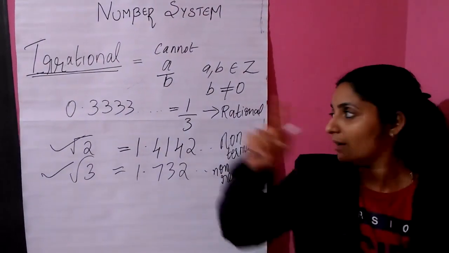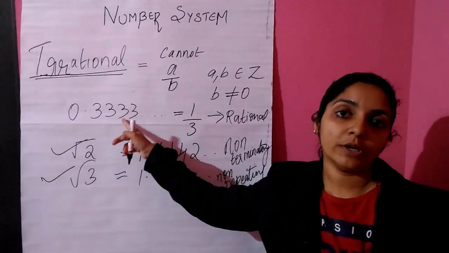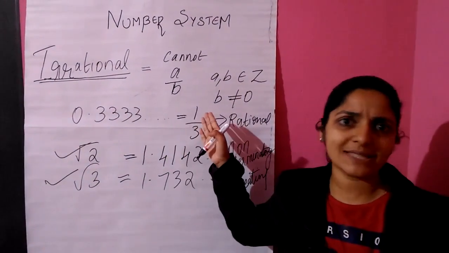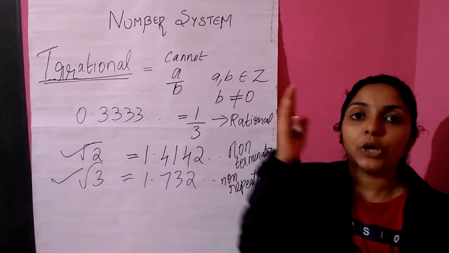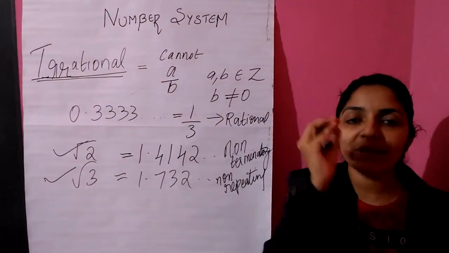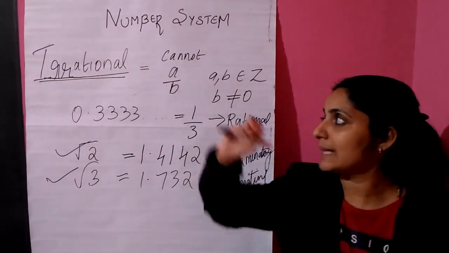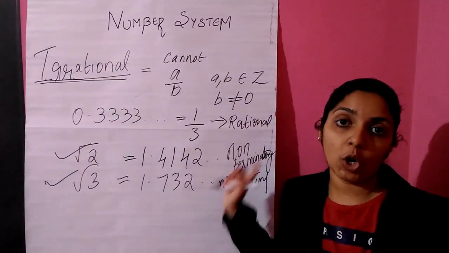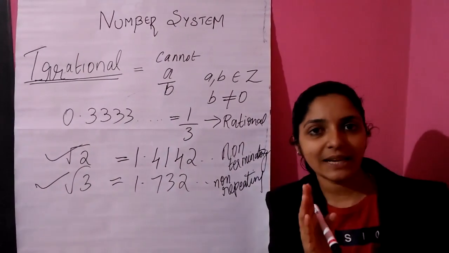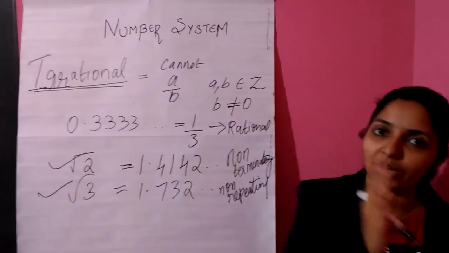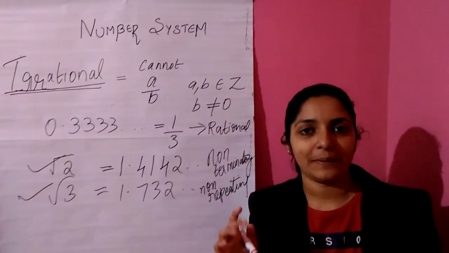So you may think here it is also non-terminating. It goes on. It is not stopping. But here it is repeating. So non-terminating, repeating values we call rational numbers. Non-terminating, non-repeating becomes irrational numbers. Is it clear? So this is the difference between rational and irrational numbers.